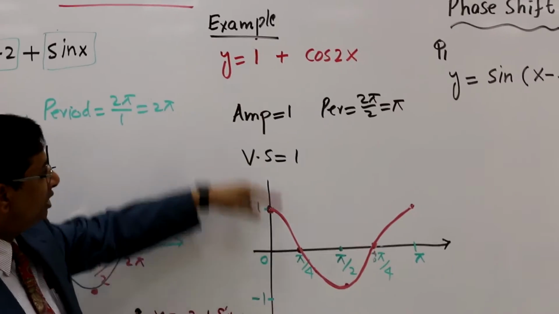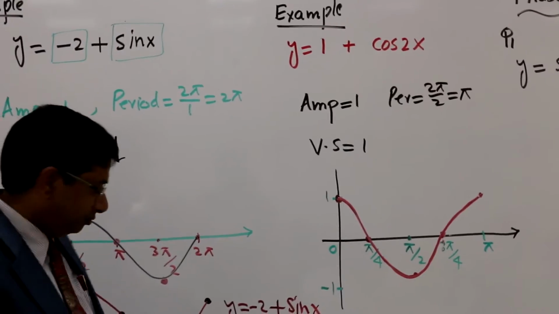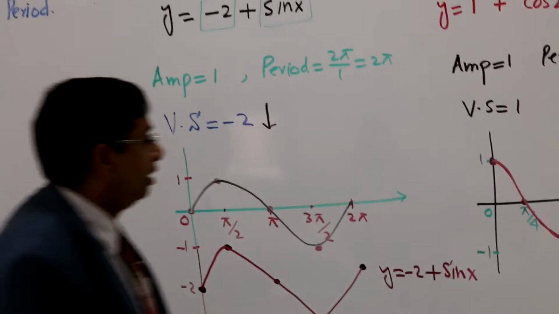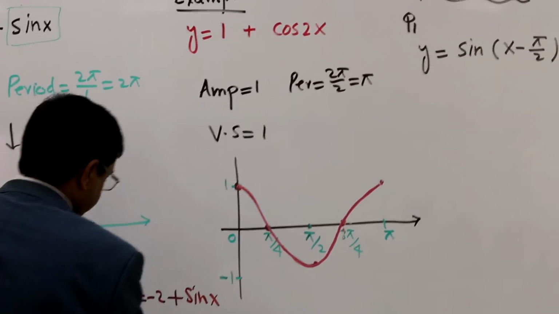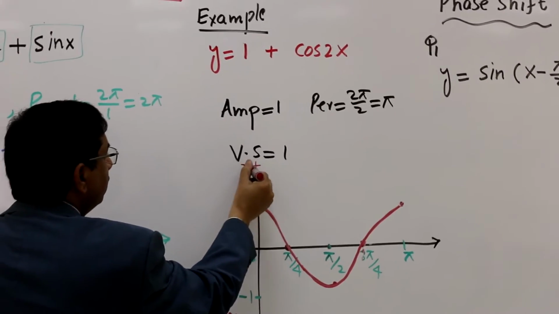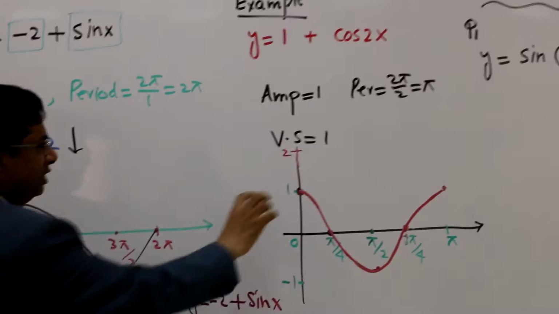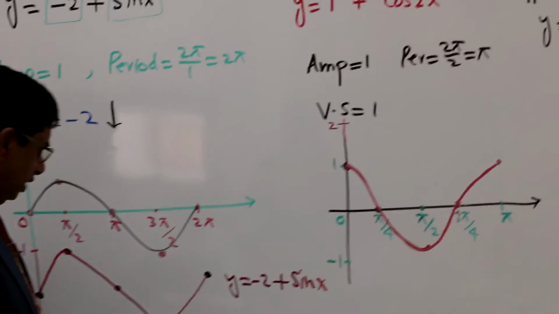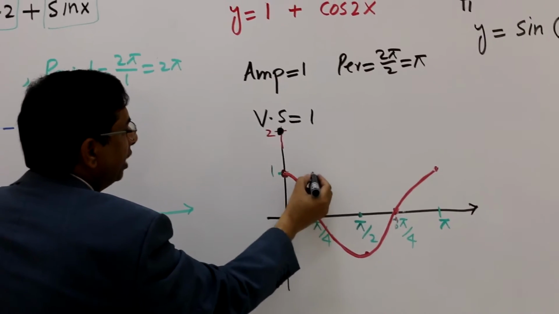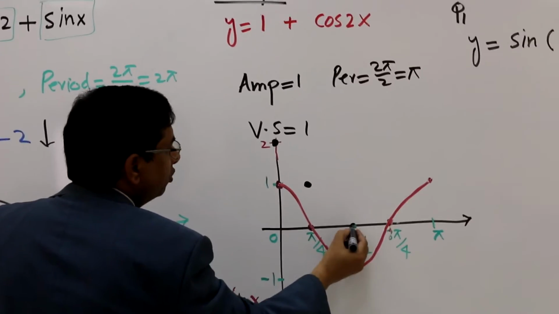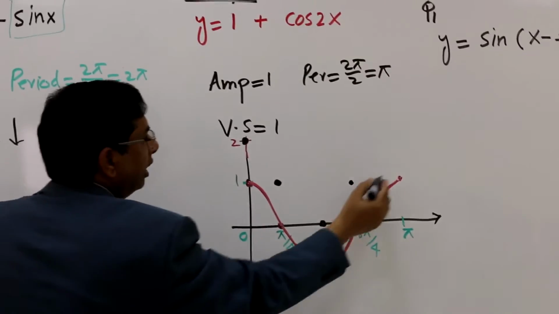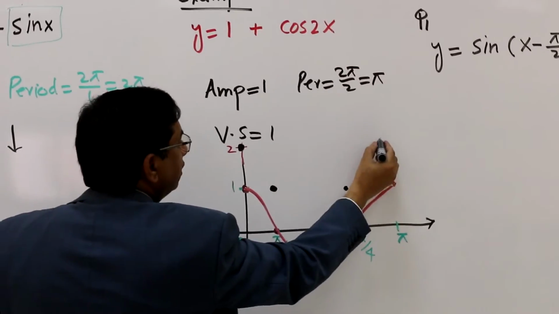Now we have 1, so you have to move this graph one step up. For moving the graph one step up, we have space here, so I extended this up to approximately this distance, and this distance is equal. So this point will move one step here, this point will move one step, this you move one step, this one step here, and take one upwards.